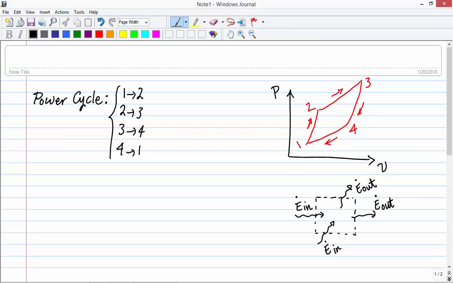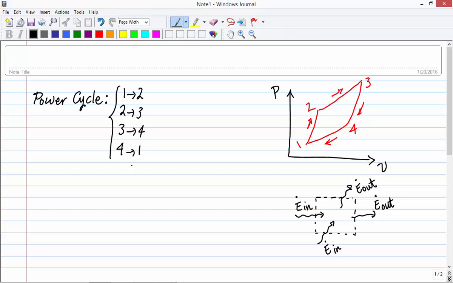So in this case, up to now, we know what we mean by the cycle. And depending on what sort of combination of all these processes we gather together to make the cycle, we will end up with different cycles, right?